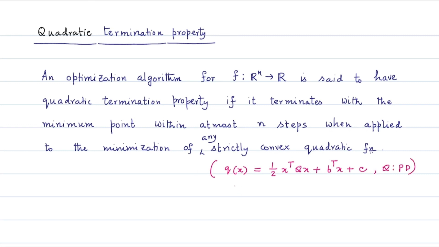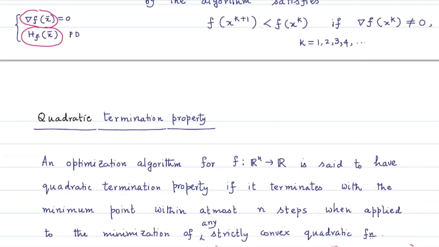The algorithm generates a sequence with the initial point x0, next iterate as x1 till xn minus 1, so that within these n many points we have a point at which grad of the quadratic is equal to 0. This equation is satisfied.